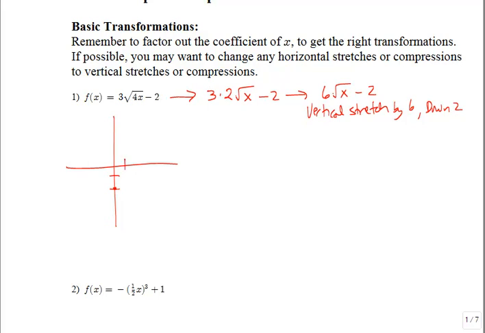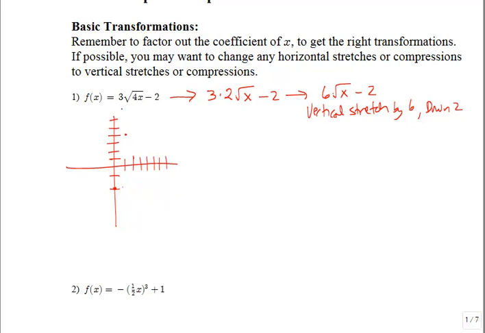Then the stretch is going to come into play when I start doing my pattern. Normally, we would want to go up 1 over 1, but because we have a vertical stretch, instead of just going up 1, now we need to go up 6. So we're going to go up 1, 2, 3, 4, 5, 6. We're just stretching in the vertical direction, so that 6 tells us how high to go, but we still only need to go over 1 because we're not changing our horizontal direction at all.